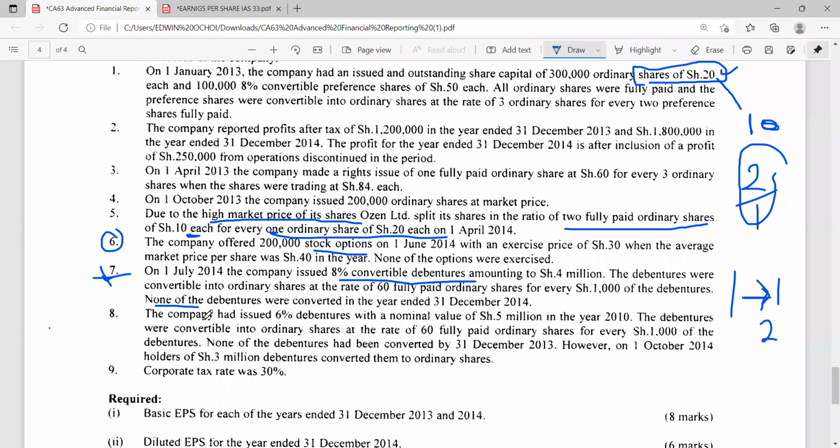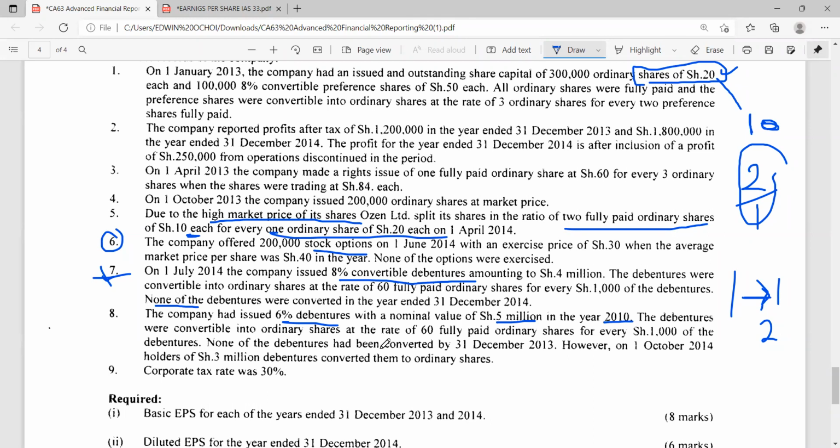Number 8, the company had issued 8% debentures at a nominal value of 5 million in the year 2010. The debentures were convertible into ordinary shares at the rate of 60 fully paid ordinary shares for every 1,000 of the debenture. That is the proportion if they convert.